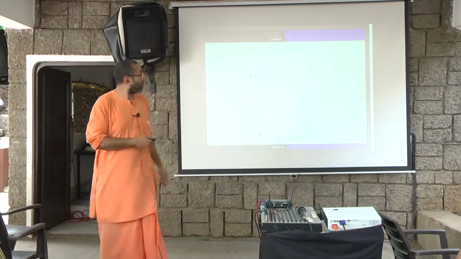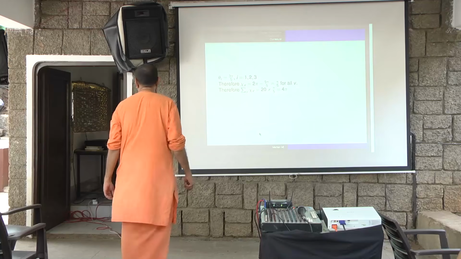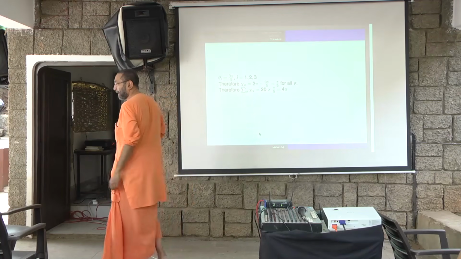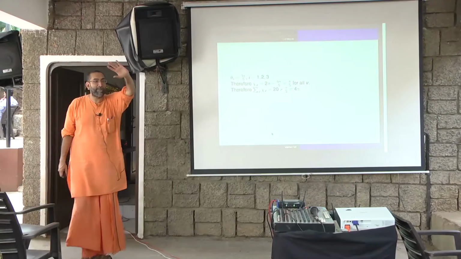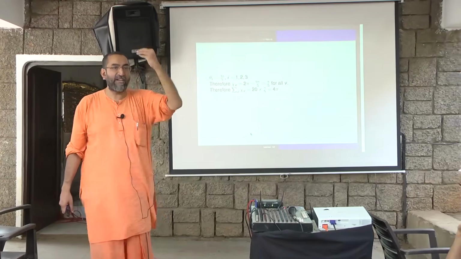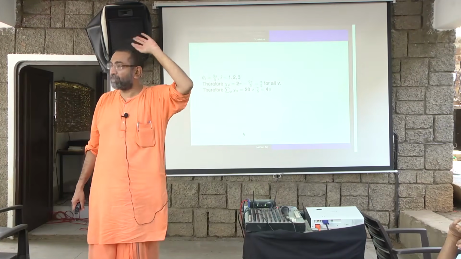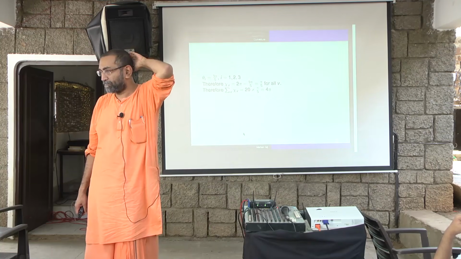Concentrated curvature at every vertex is pi by 5. Total curvature is 20 times pi by 5, that's 4 pi. So the total amount of sharpness carried by a dodecahedron is 720 degrees, 4 times pi.